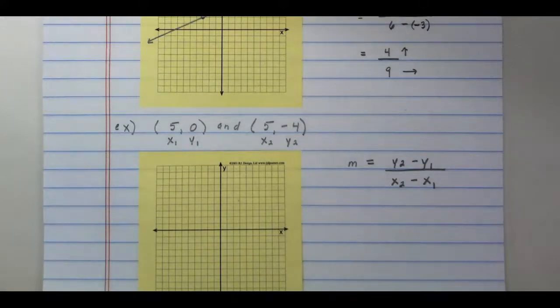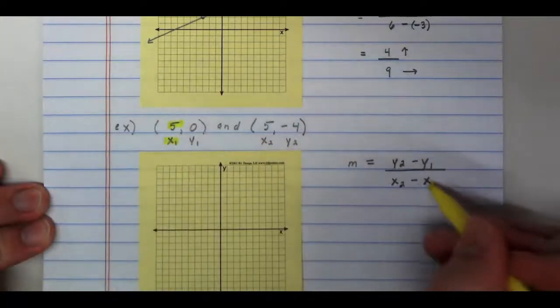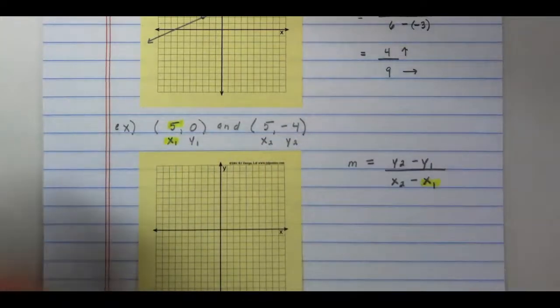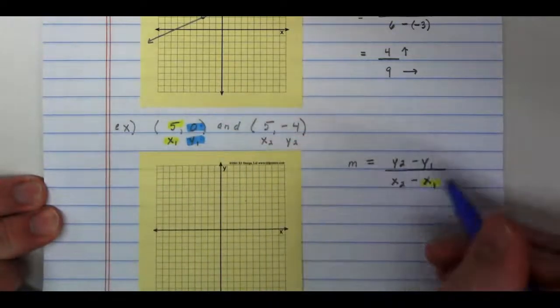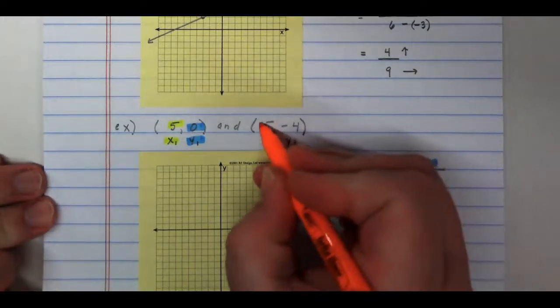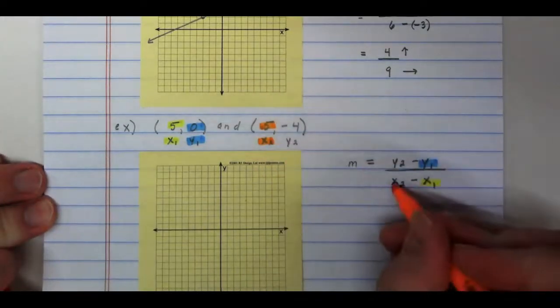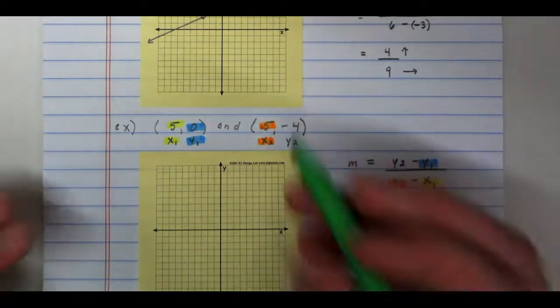Again, if it helps you to color code, we could go ahead and do that. So we can color code x1, y1. Of course, when you get really good at this, you won't have to do color coding. It's optional, but I find it helpful sometimes. X2 is this one, and y2.